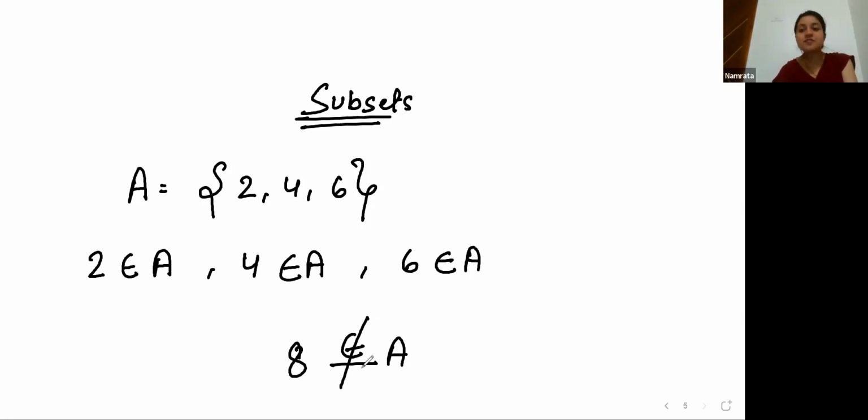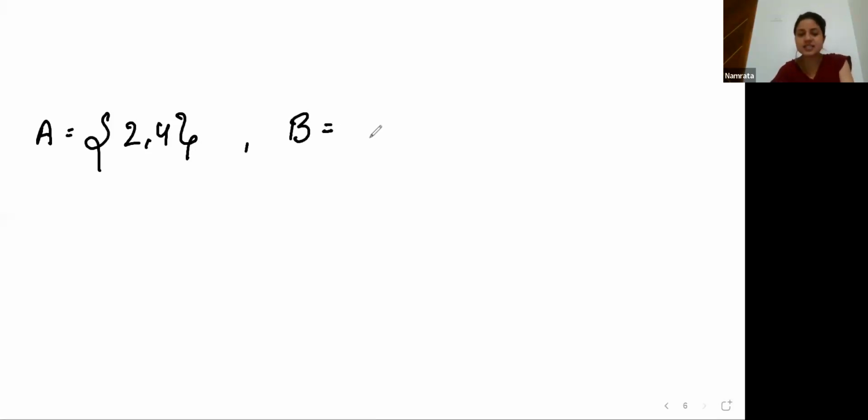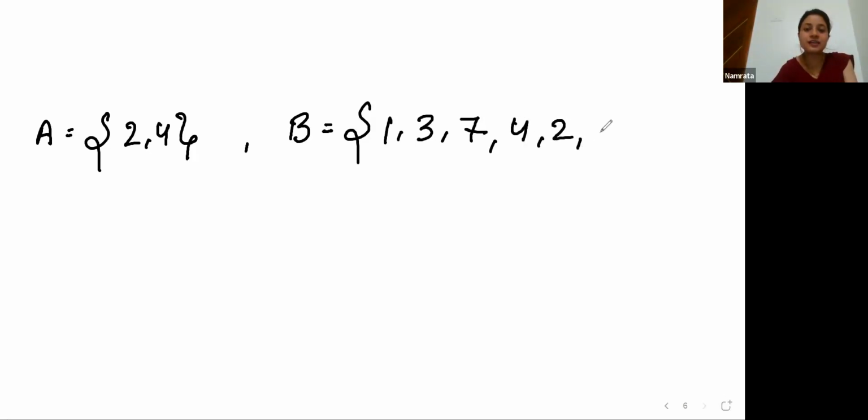The definition of subset says, if we have two sets, suppose set A, which can be taken as 2 and 4, and set B, which can be taken as 1, 3, 7, 4, 2, 9. These two sets we have.